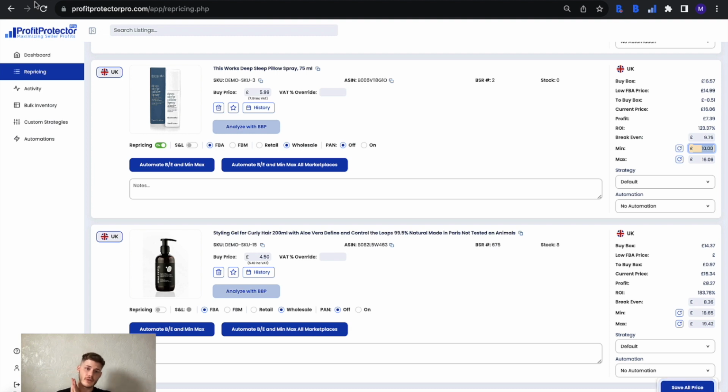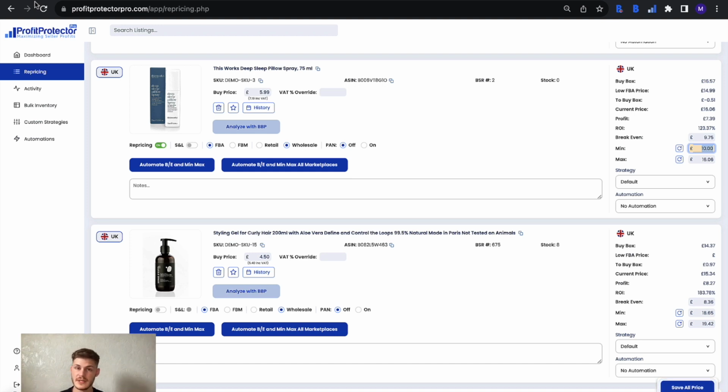So obviously, Profit Protector Pro is not going to reprice below your minimum or above your maximum. So you need to make sure that the minimum and maximum compensate for the buy box and you have it within your set parameters. If the buy box does fall below your minimum, Profit Protector Pro will most likely sit at your minimum, as that is as close as it can be to the buy box without going outside your minimum price range. So you need to make sure that the buy box is within those set parameters.